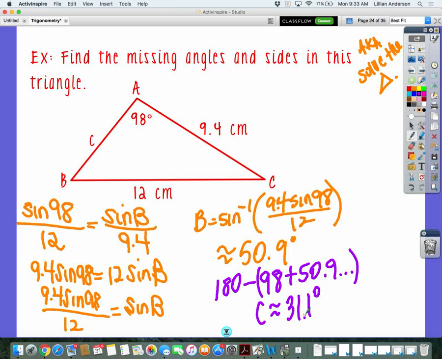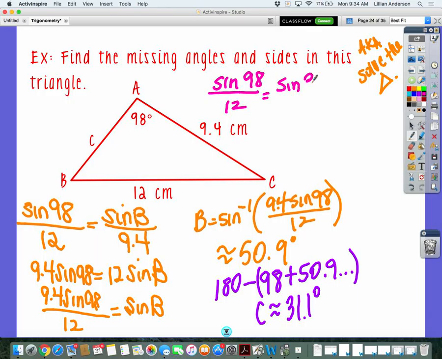So, now to find side C, we have angle C, so we can set it up. How do you want to set it up? Yes, use A. So that'd be sine of 98 over 12 equals the sine of the answer we still have in our calculator.